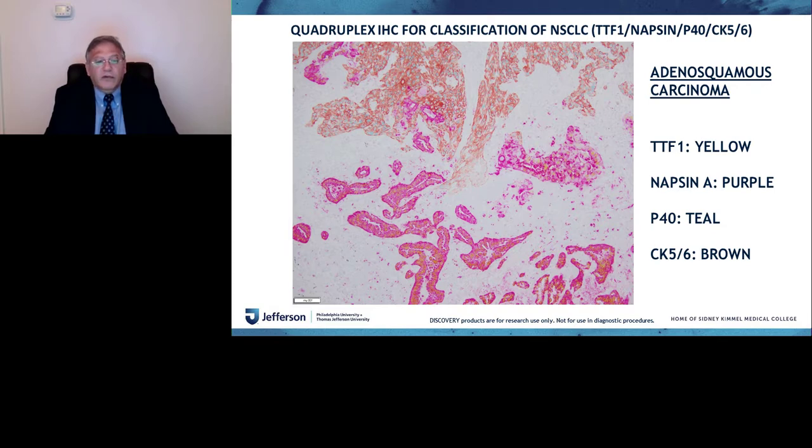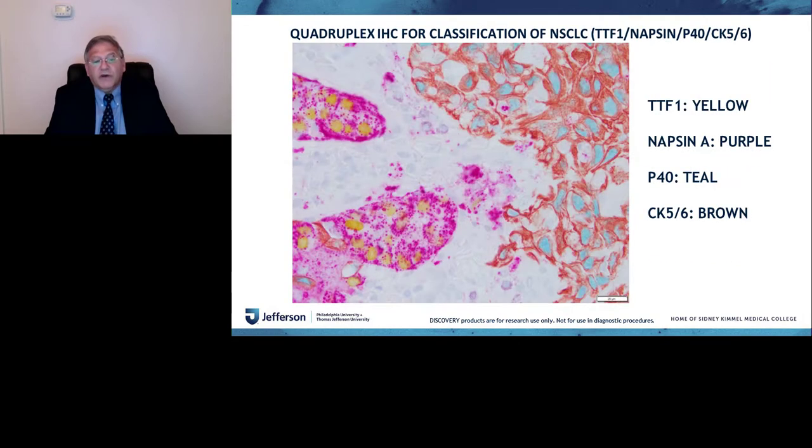And at a higher magnification, you can actually see nicely TTF1 yellow, napsin A is the purple cytoplasmic granular stain, P40 is the teal or blue nuclear stain for the squamous cell, together with the CK5/6 as brown stain over here. So this is basically one section, 4 antibodies, you have your diagnosis.